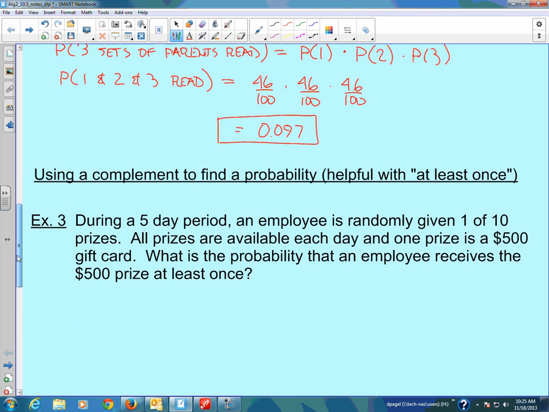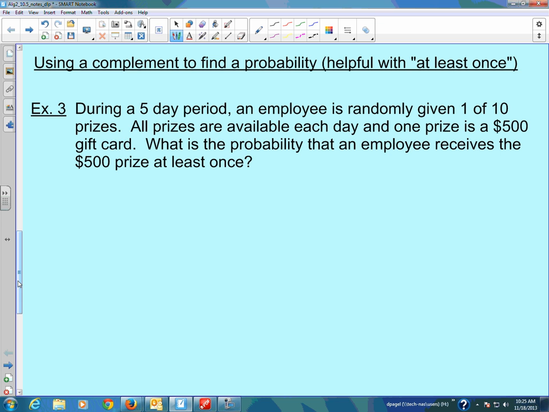Well, sometimes we have situations that lend themselves to complements, and we've already talked about a complement as being equal to the probability of some event not happening is equal to 1 minus the probability of that event occurring. And again, we looked at these phrases "at least" and "at most," and how these could be potential setups for use of a complement.